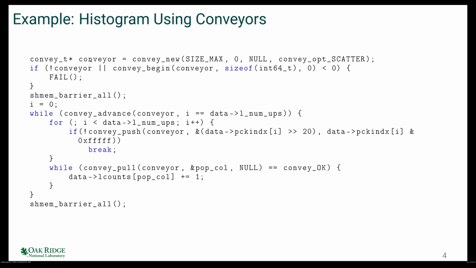Here the while loop continually tries to push as much data as it can, and then when it can't, it tries to pull as much data that's received by it until it can't anymore, and then it just keeps doing this until everything is decided it is done pushing.